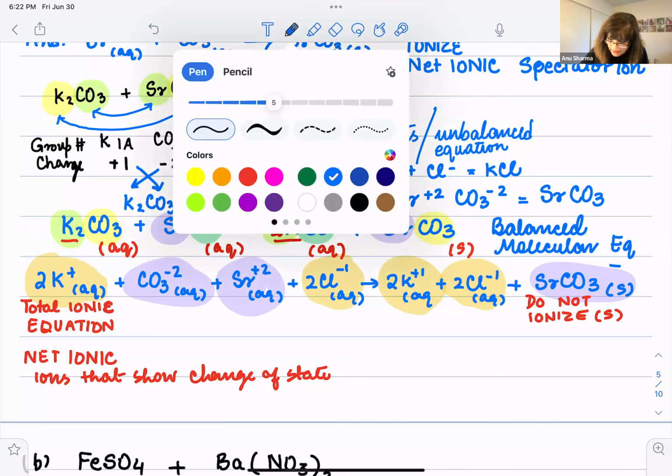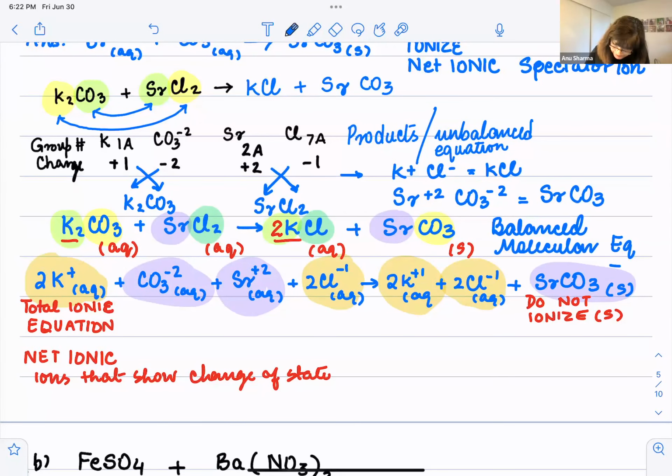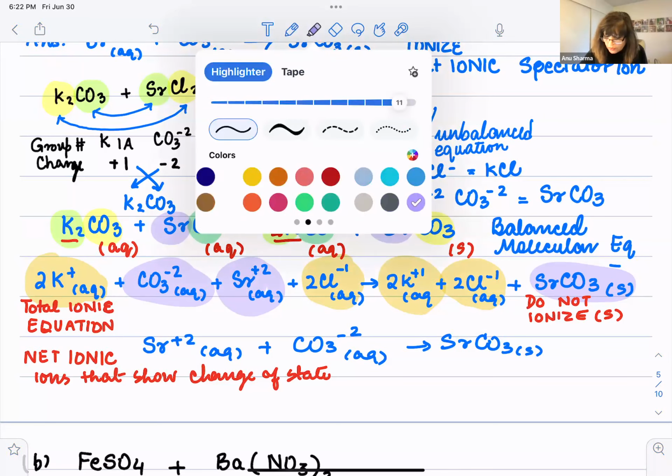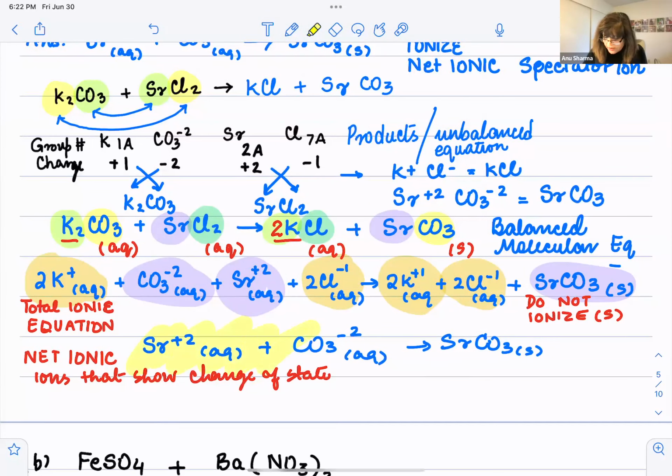So you write that down here: Sr 2+, aqueous, and carbonate, CO3 2-, aqueous, gives you SrCO3 solid. That is your answer. The ions that show the change of state are the ones that get put in the net ionic equation. Which ones are the spectator ions?